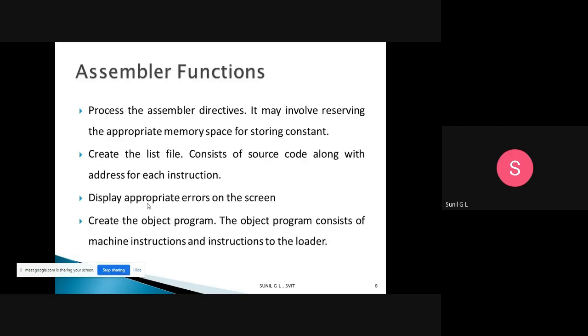Then after that, it processes the assembler directives also. The third function is that it processes the assembler directives. How will it process them? When you are writing a program, you will use a number of assembler directives. So it may involve reserving the appropriate memory space for storing the constants.